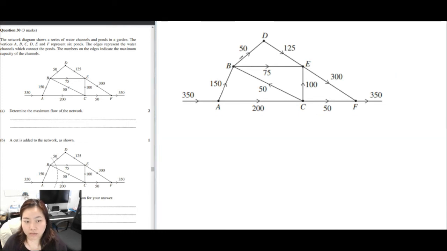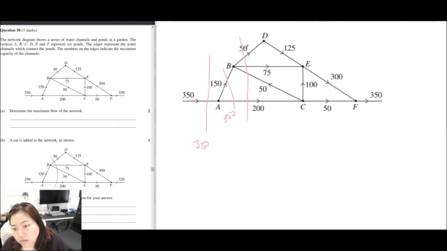So, if I was to find the maximum flow, I need to find the minimum cut from top to bottom. So that would be 350. That would be 350 as well. This is cutting through a lot. I'm trying to do this, I can't avoid those 3. So far I've gotten this. That one is 350. That one is 350.